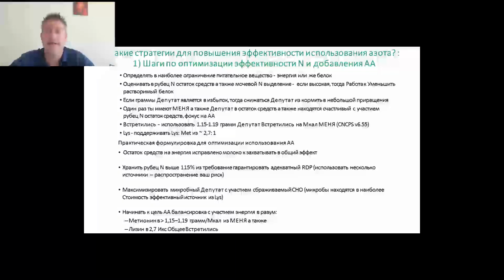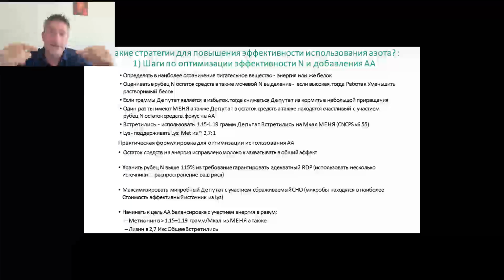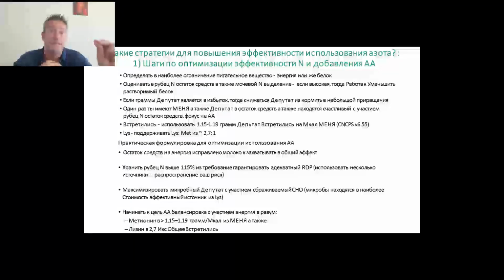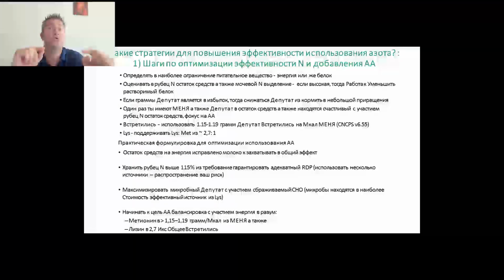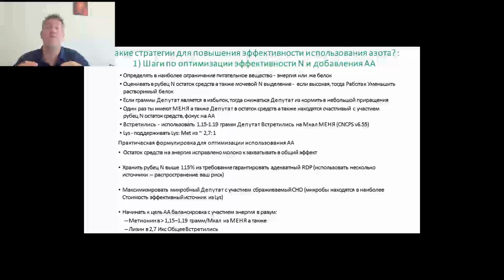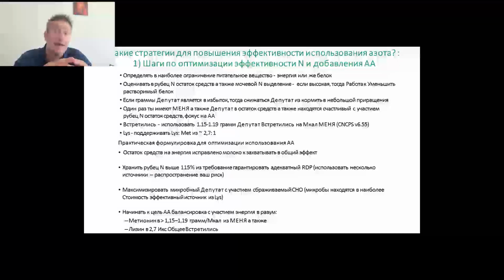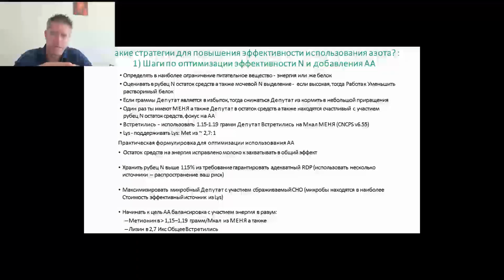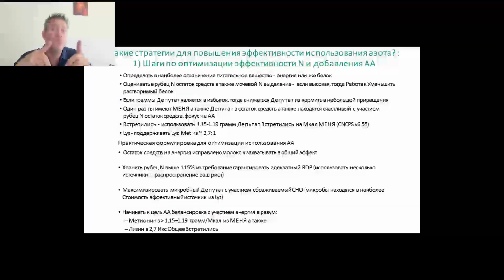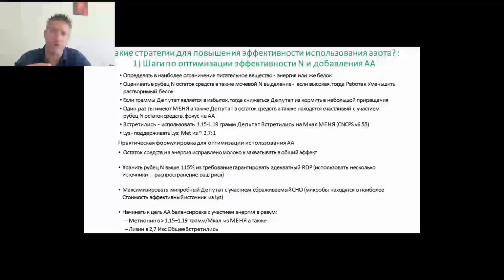At the same time, the metabolizable lysine should reach 3, and the ideal ratio between metabolizable lysine and methionine is around 2.7. But later I will explain also how I can adjust this ratio, because if I want to have a higher milk protein percentage, this ratio should be 2.4, not 2.7 or 3, but 2.4.